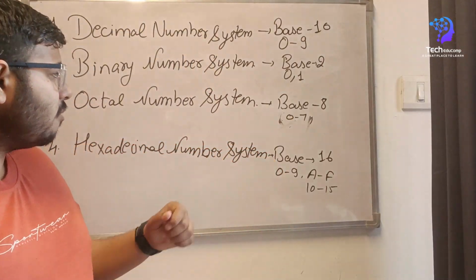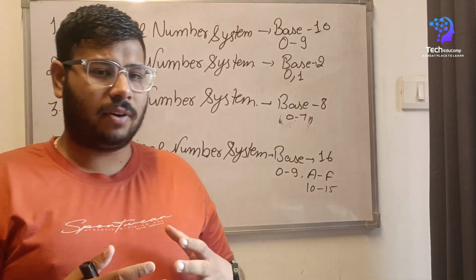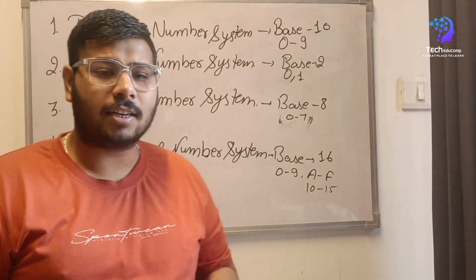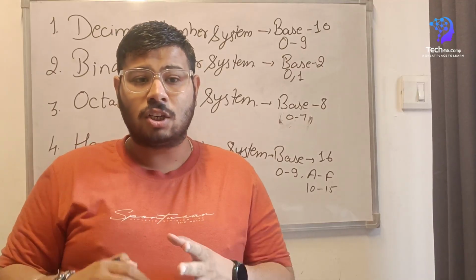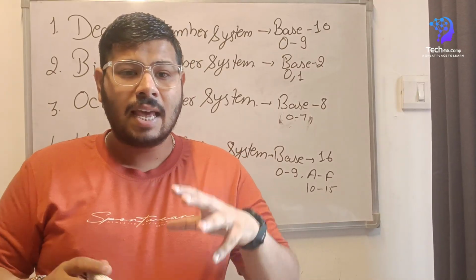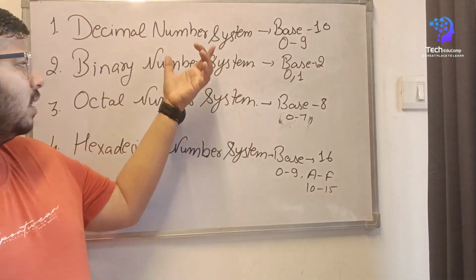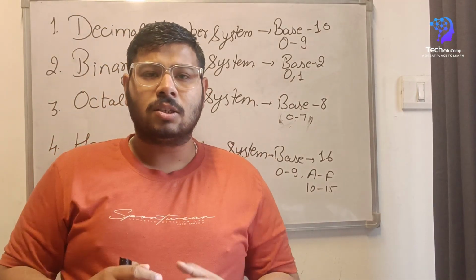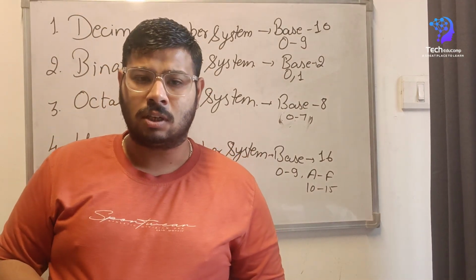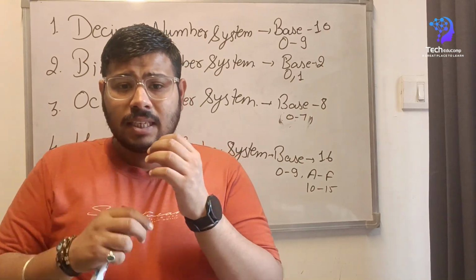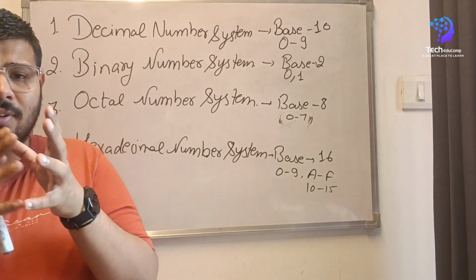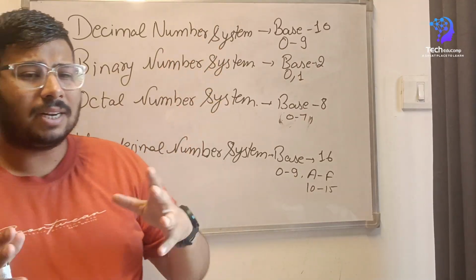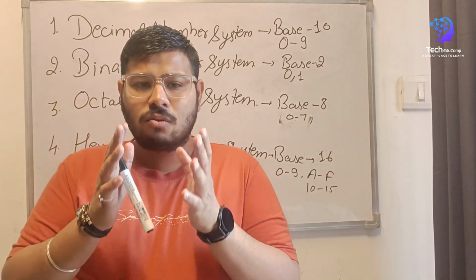If we talk about a more human friendly way, we have the decimal number system, octal number system, and hexadecimal number system, which are used for the interpretation and manipulation of binary data, which is represented in the form of zeros and ones. The ability to convert between these systems, like decimal to binary and binary to decimal, is crucial.